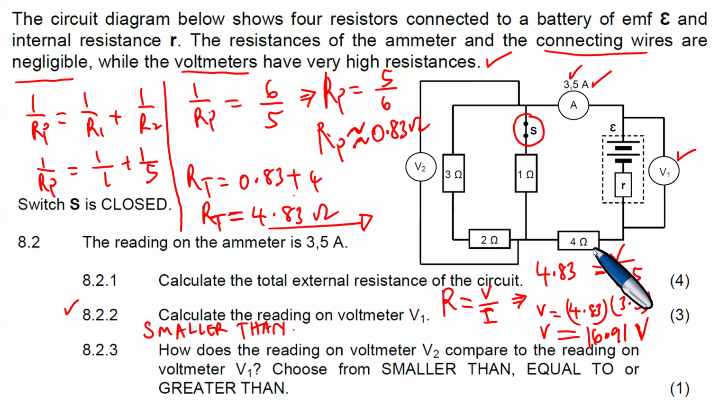As a consequence, V1 would have the greatest measurement because it measures the EMF. And these ones are like the external circuit whose summation must produce V1.